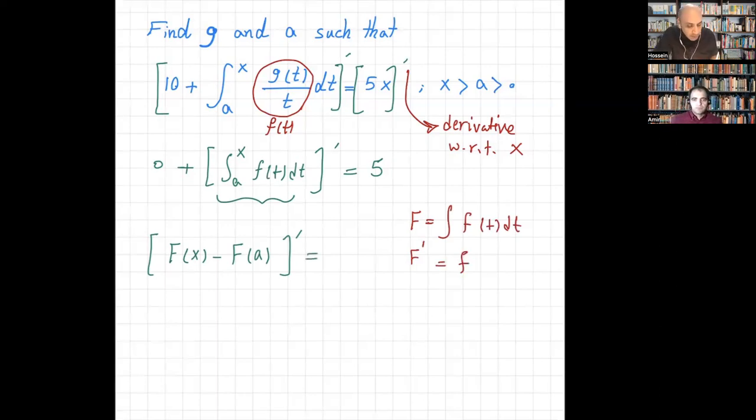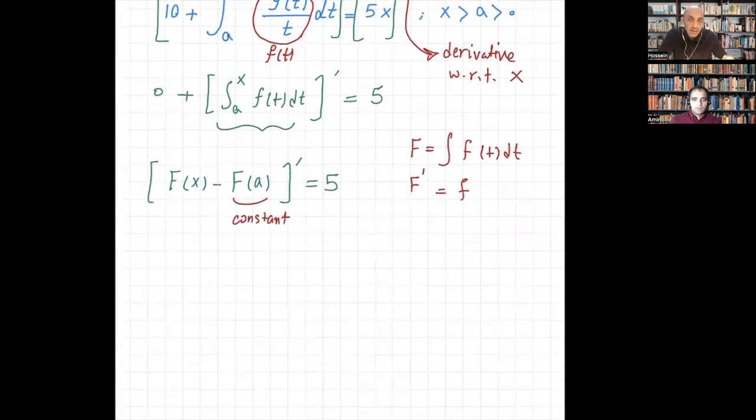And then the other side is 5. This capital F of a is a constant, so as a result, the derivative of capital F of a is 0.